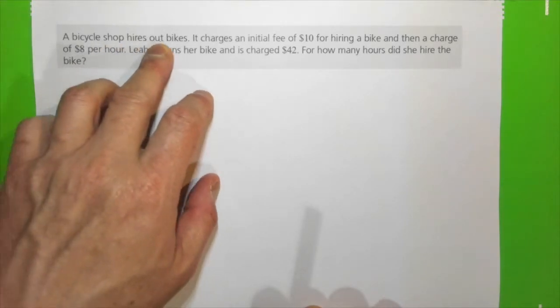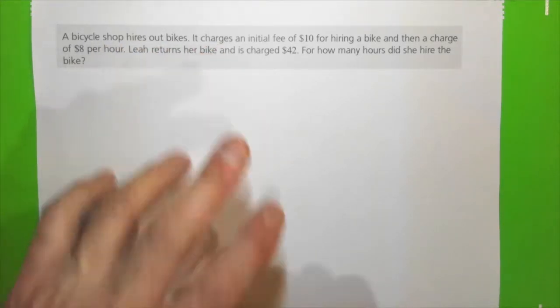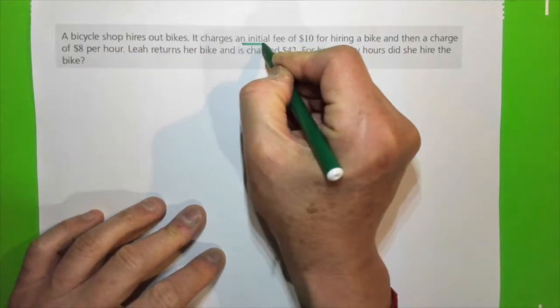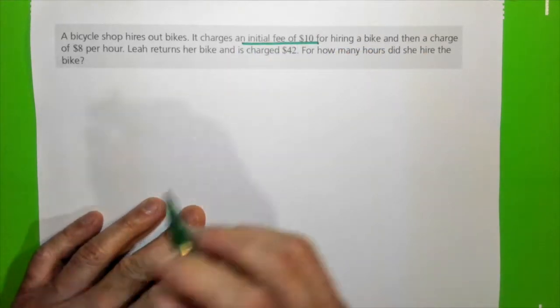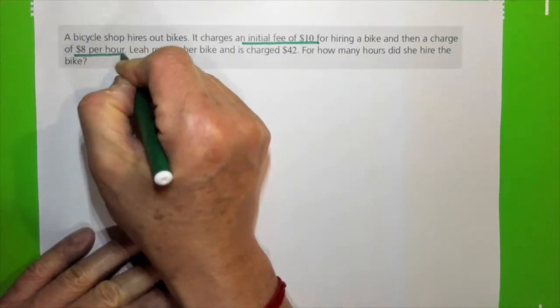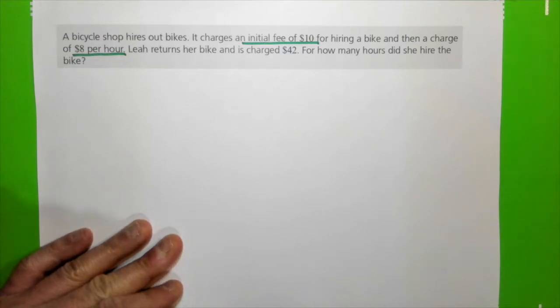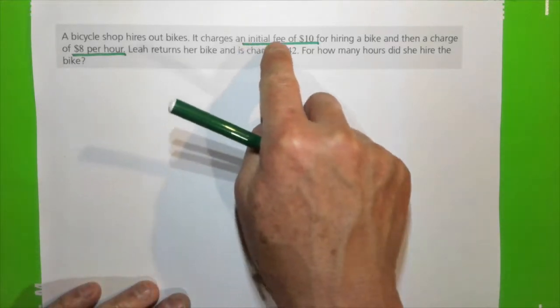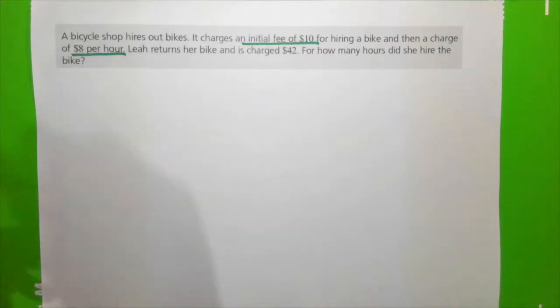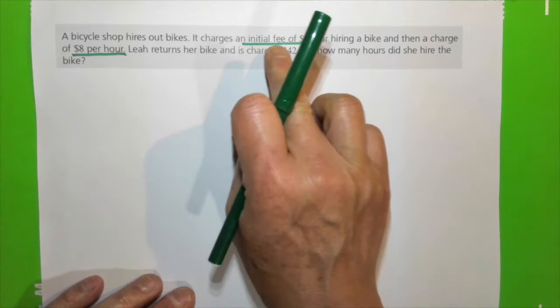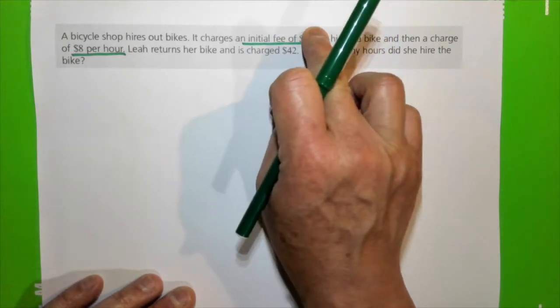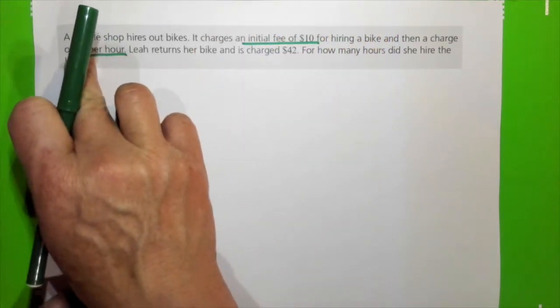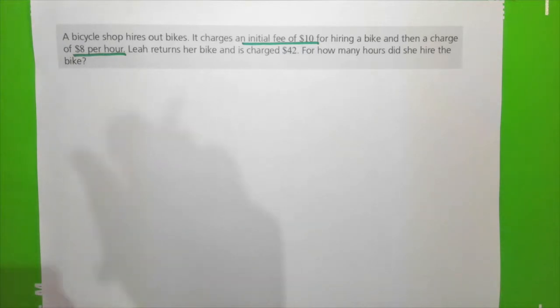This one, a bicycle shop hires out bikes. It charges an initial fee of $10 for hiring a bike, and then a charge of $8 per hour. Leah returns a bike and is charged $42. For how many hours did she hire the bike? Now, the initial fee of $10 is a set fee. So we know that $10 is always there, and then each hour is $8 per hour.